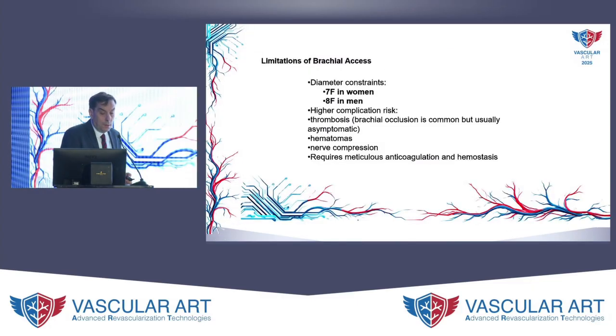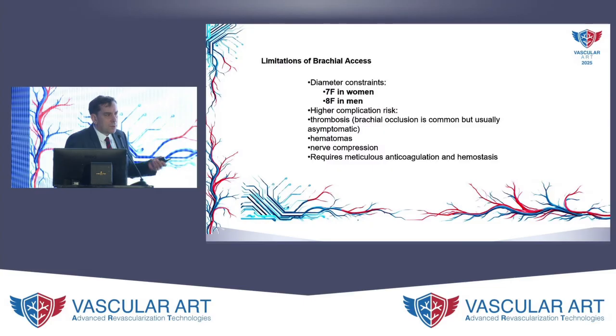The limitations: diameter, of course. There is a higher complication risk than in the radial approach because we have sometimes, I don't know, but it's more than 10%, thrombosis of the brachial artery, usually because of the lumen of the sheath. The 7 French sheaths are more dangerous than 6 French sheaths.